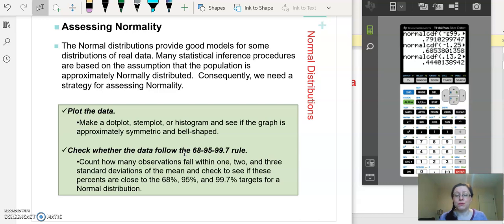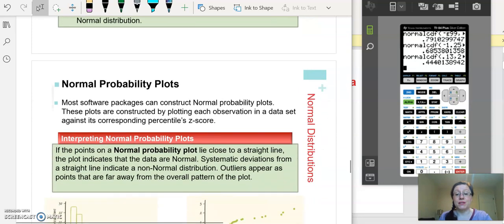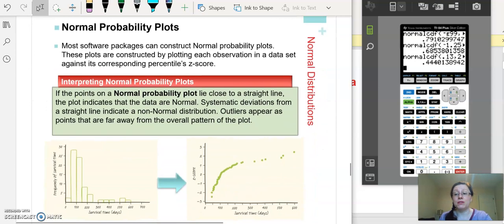Another way to assess normality is through normal probability plots. We'll talk about those a little more in class. They are accessible to you on your calculator, and we'll talk about how to make them. But it's basically a graph where you do z-scores against the percentiles. And what you are looking for, if its data follows a normal distribution or approximately normal distribution, is a straight line on a normal probability plot.